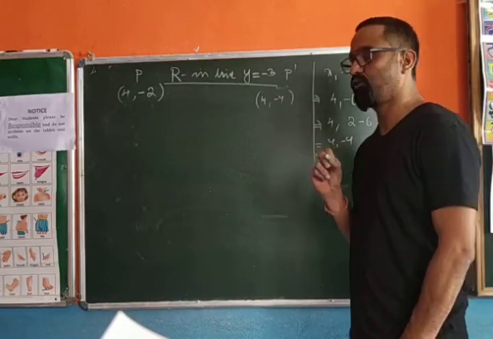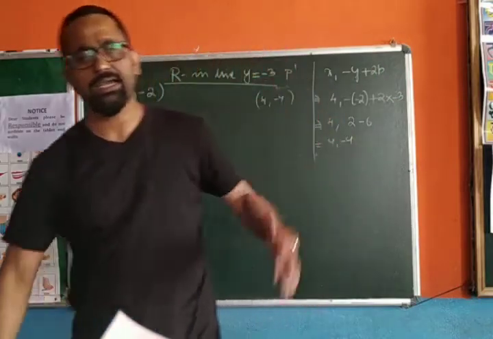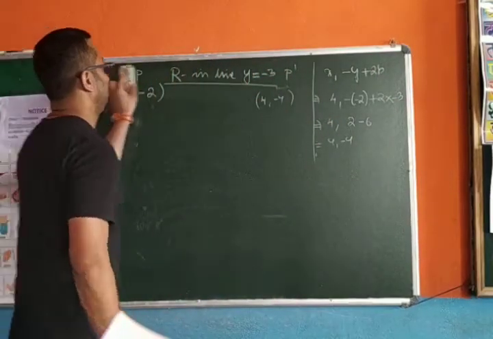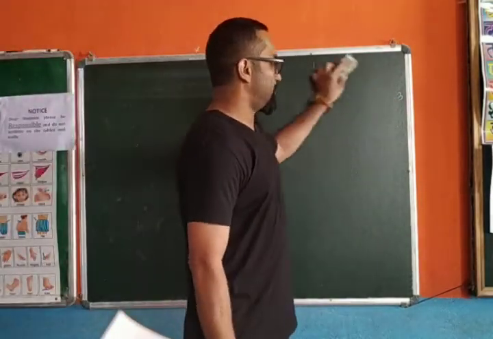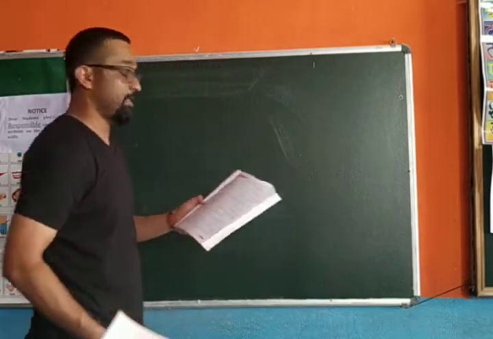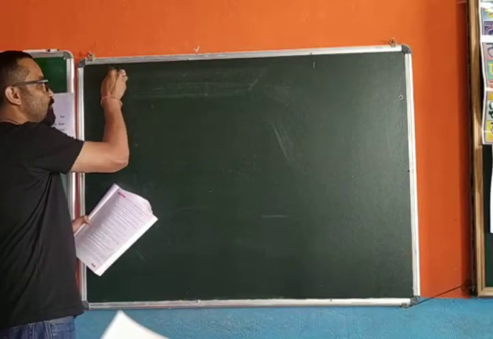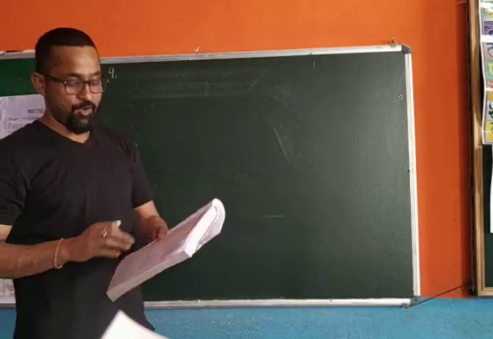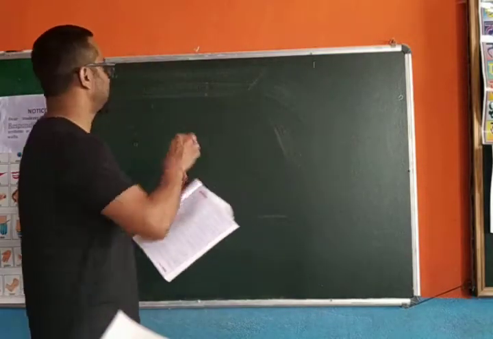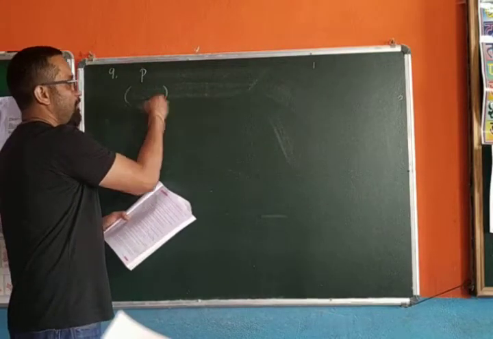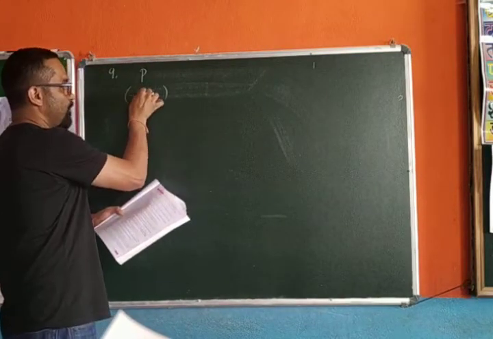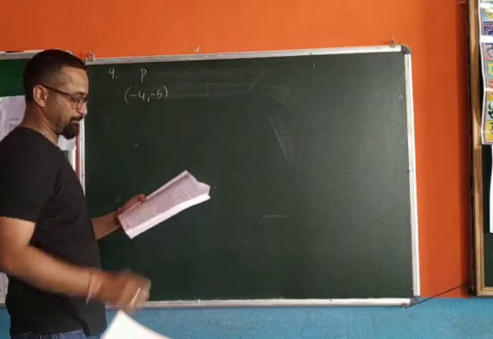4, -4. Second example. Look at the question. Question number 9. It is an important question. Point P, coordinate is given -4, -5.